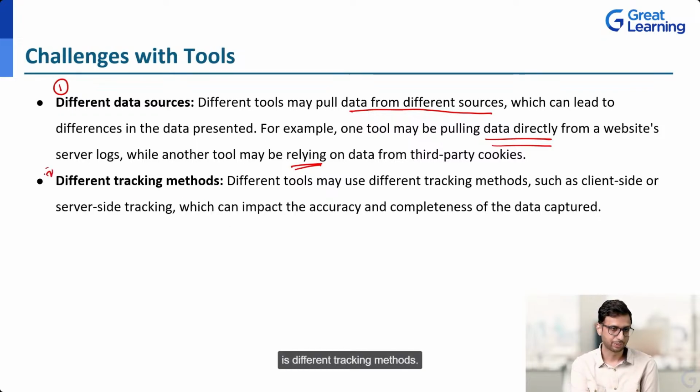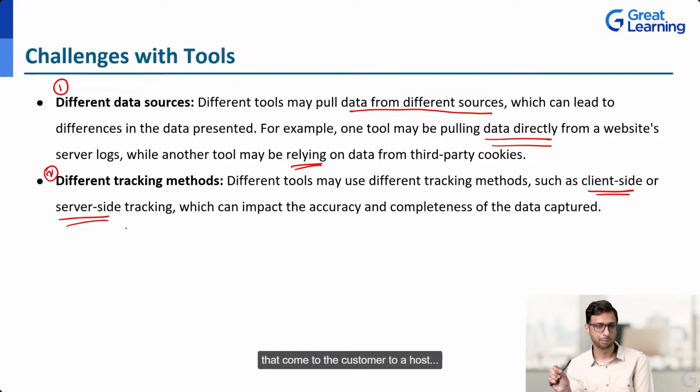Closely associated, of course, is different tracking methods. Some tools use client-side tracking, which is tracking on the customer who's opening the website front, or server-side tracking, where you're tracking the requests that come from the customer to a server hosted by the business. There can be a difference in the metrics because of the different tracking methods that are used.